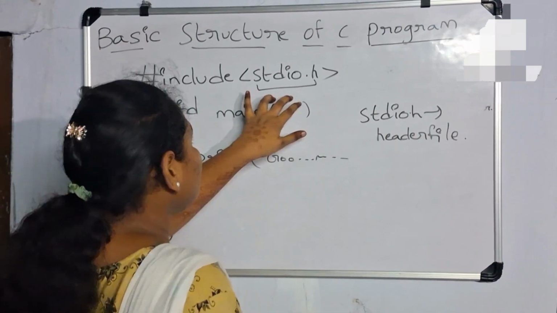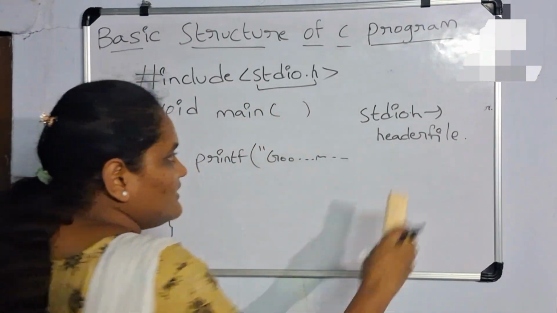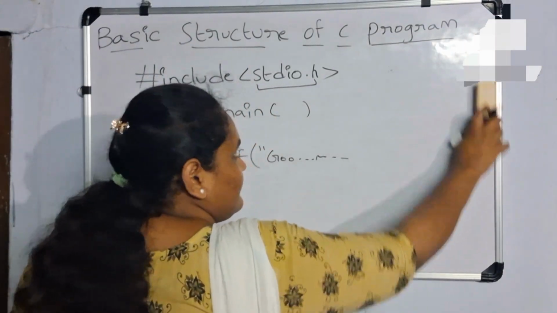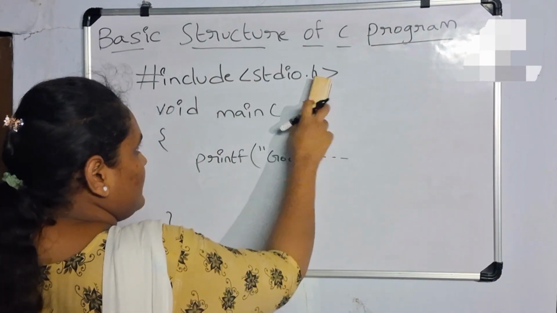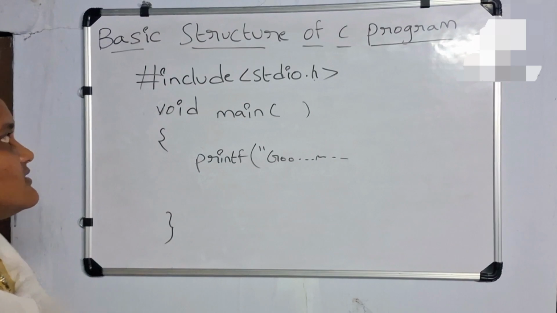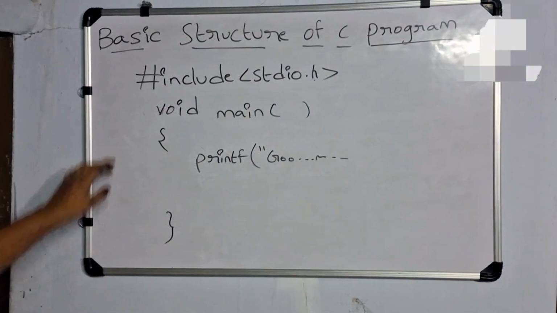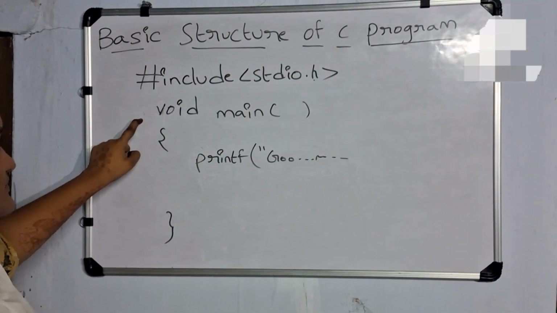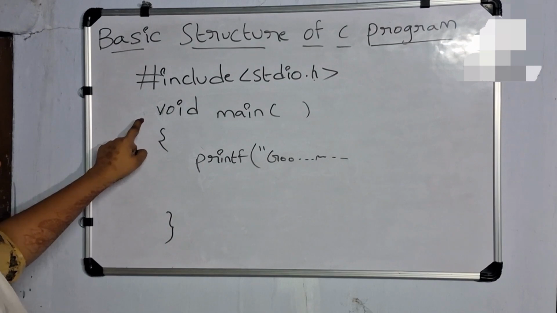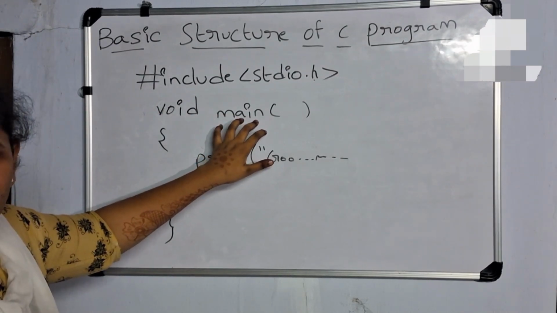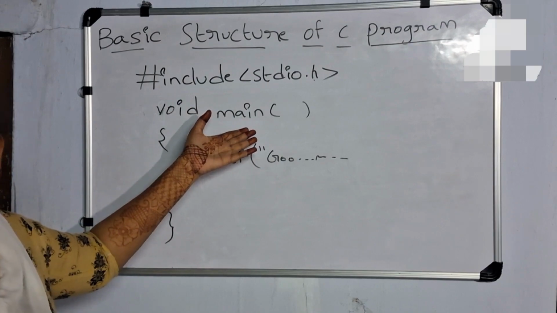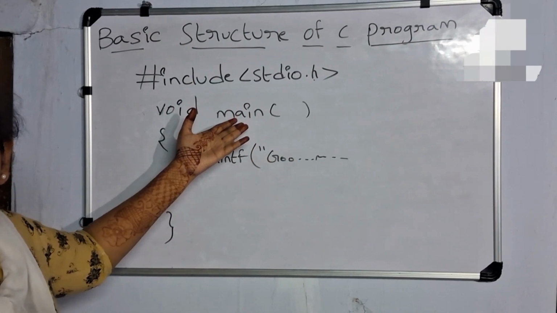So why include this header file every time at the first line of every C program? The reason is, when the compiler comes here, how can it know this is a main function? This is a function in C language.